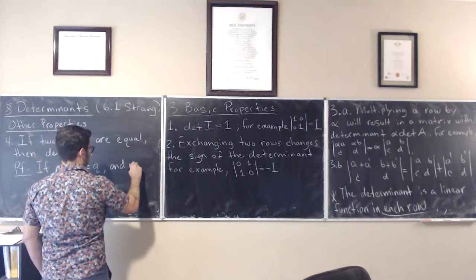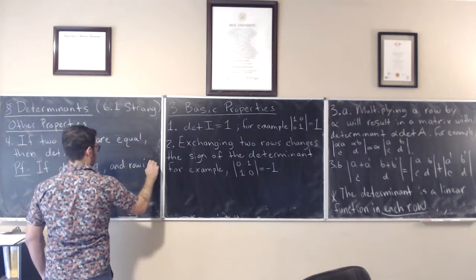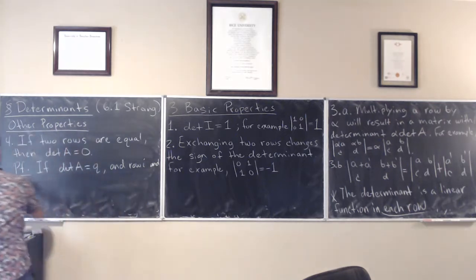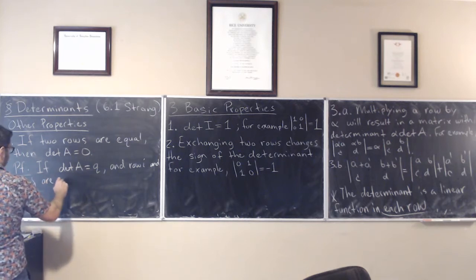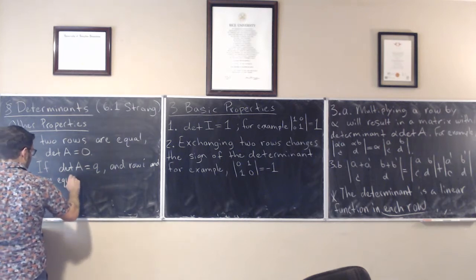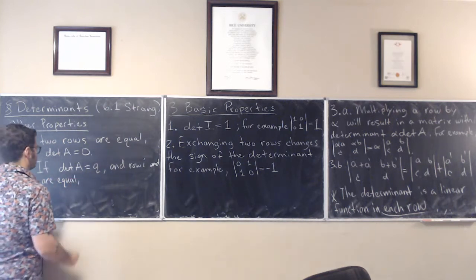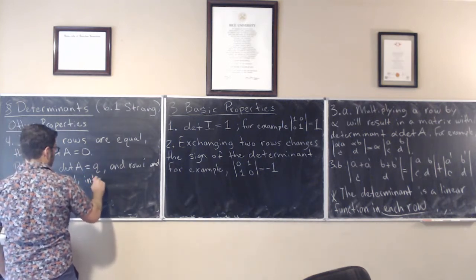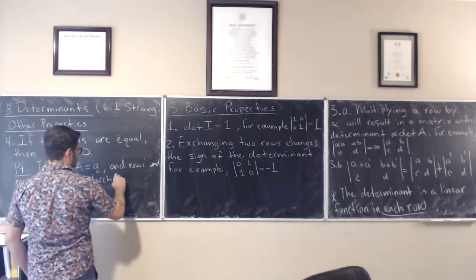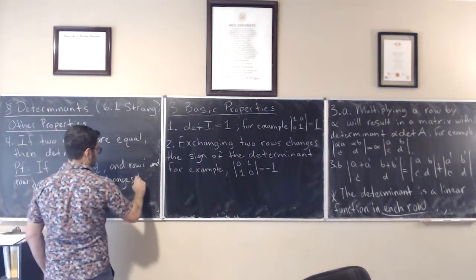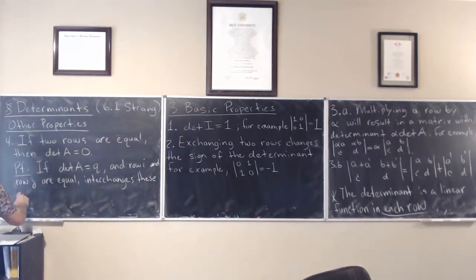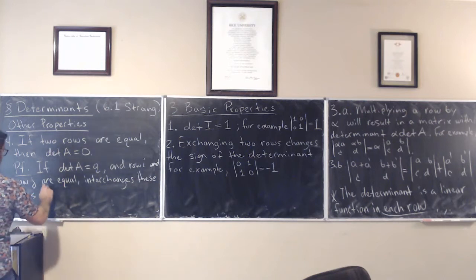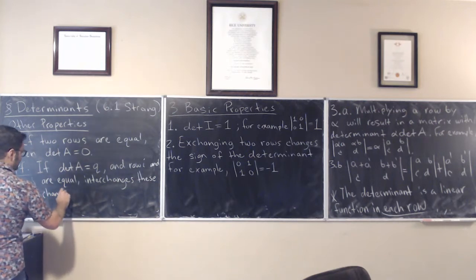and row I and row J are equal, interchanging rows, or interchanging these rows, changes the sign.